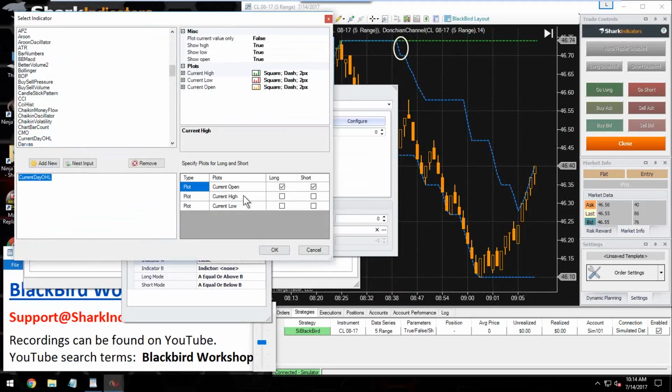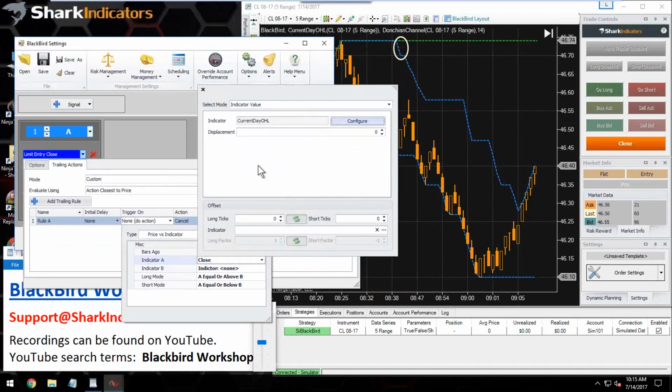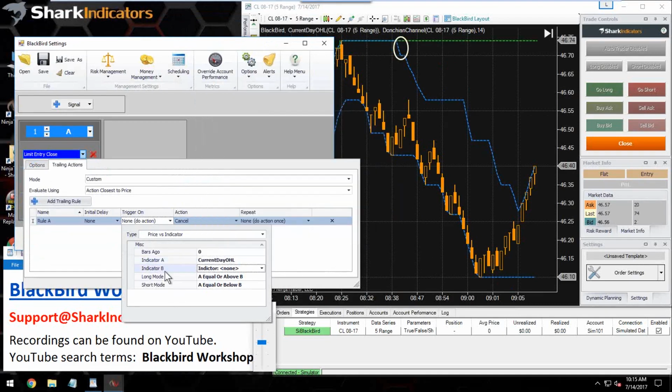Let's see again. We're taking a short trade at the daily high and a long trade at the low. So there we go. Okay, we have our daily high and daily low plot set up. Next we need to set up indicator B, and B is going to be the Donchian channel here.